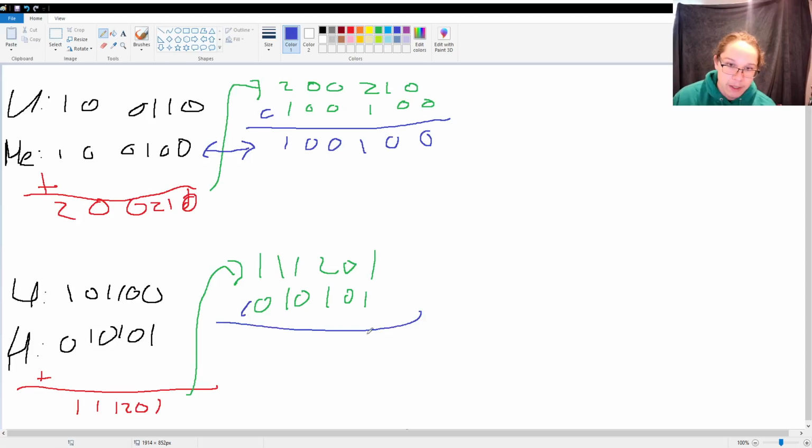And what do I get? I get, remember, 1 on top of 1 is a 0. And then 0, 0, and then I have a 1, a 0, a 0, a 0. These do not line up. So pretty much what this is doing is checking where these two arrays agree.